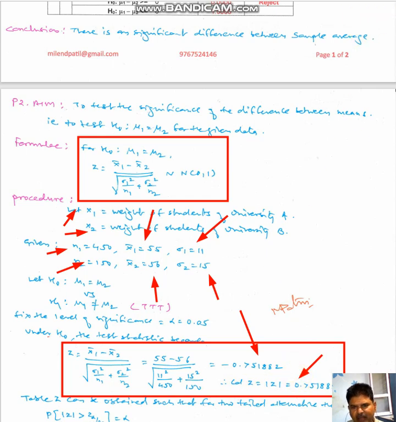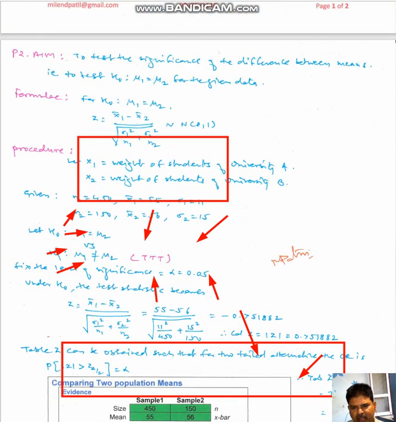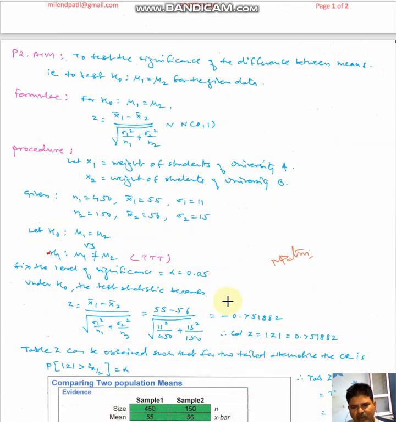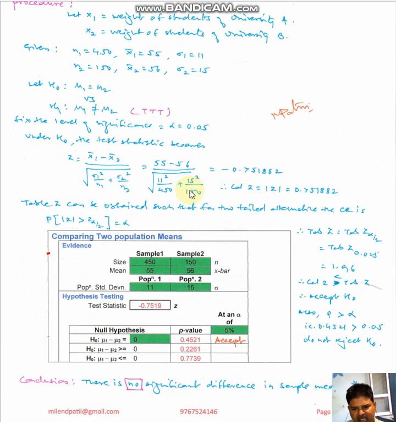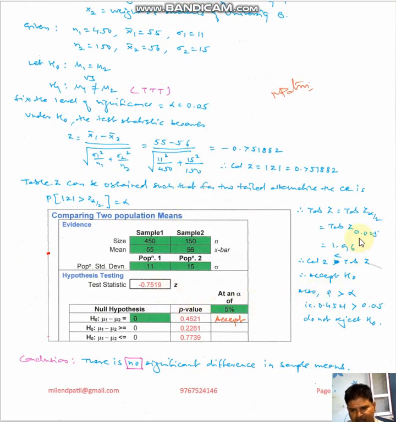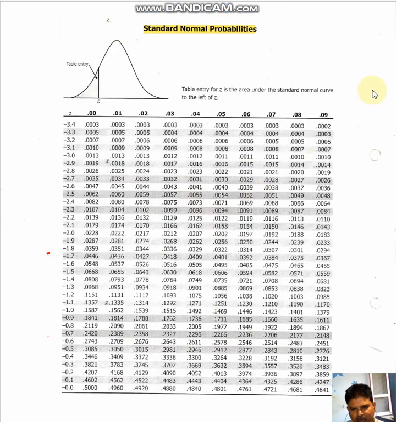We need to compare this calculated value of Z with the table value of Z. So what is the table value? Again we have to locate the corresponding value from the statistical table. The area should be 0.025. See, this is 0.025.